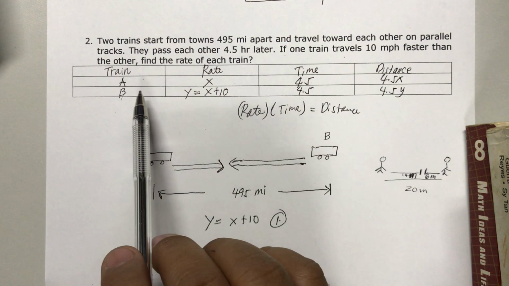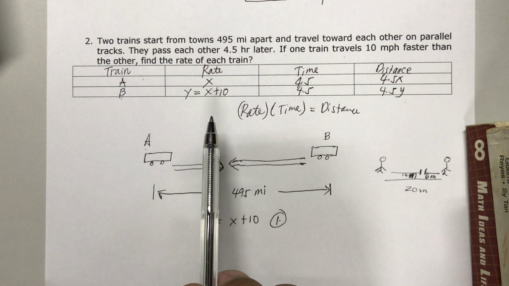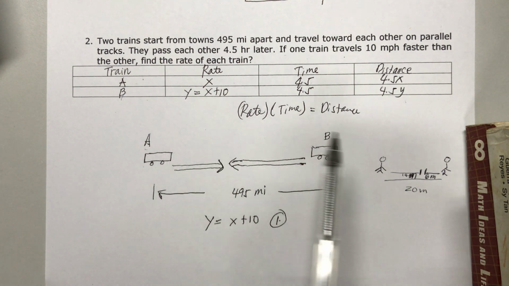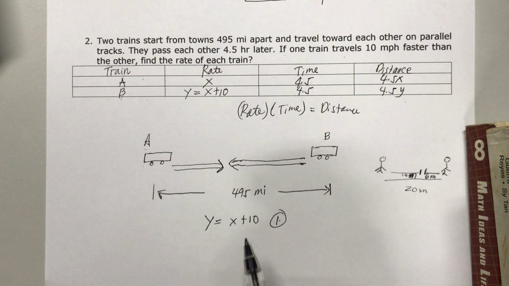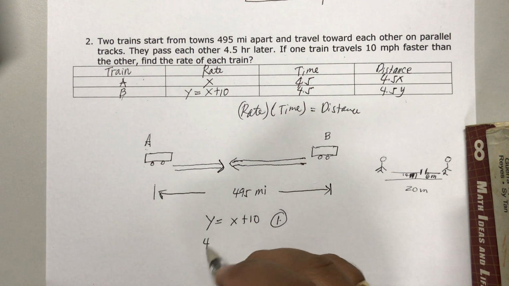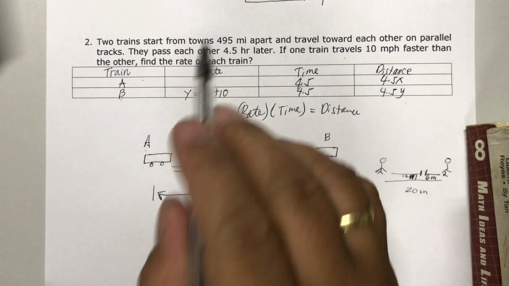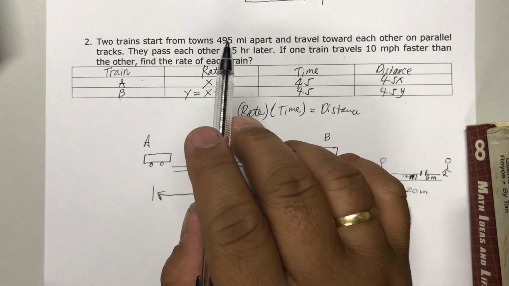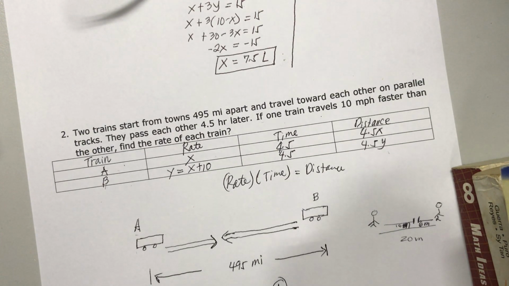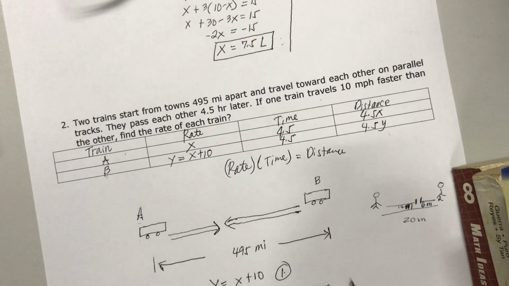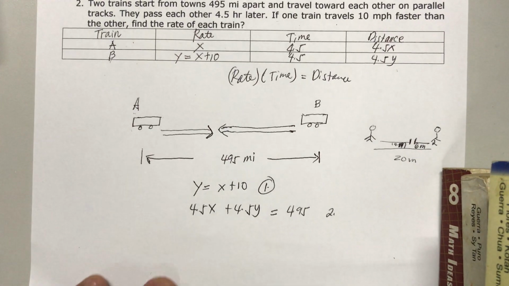So the distance covered by train A plus the distance covered by train B would be the distance from town A to town B. So equation number 2 would then be 4.5x plus 4.5y, which is equal to the distance of the two towns, 495. This is equation number 2.